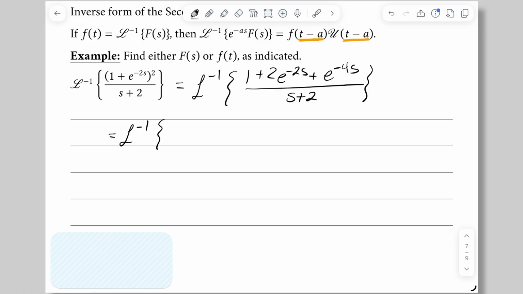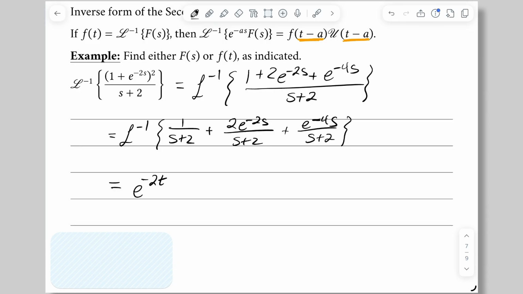The inverse Laplace transform of 1 over s plus 2, plus 2e to the negative 2s over s plus 2, plus e to the negative 4s over s plus 2. The inverse transform of 1 over s plus 2 is e to the negative 2t, no big deal there, plus 2 times, all right, let's look at the pieces here.